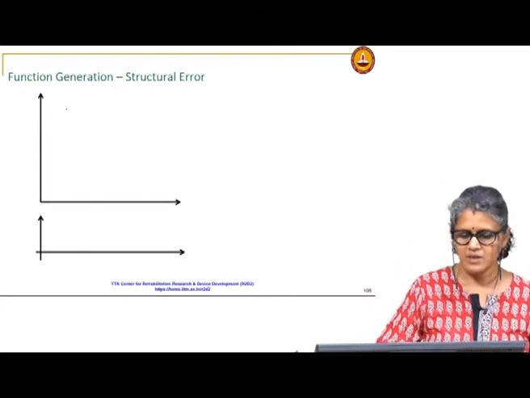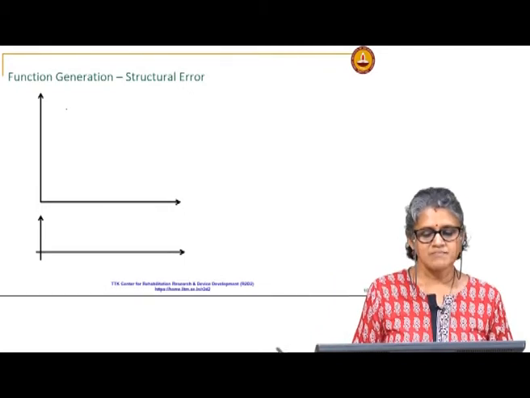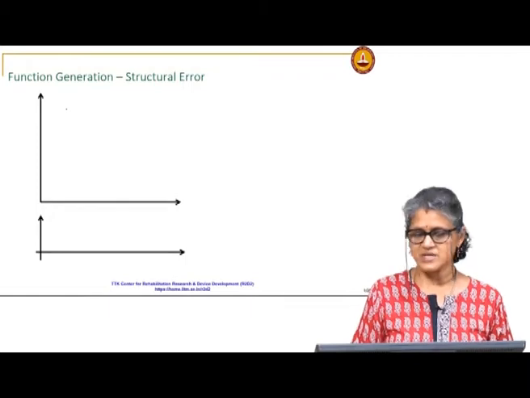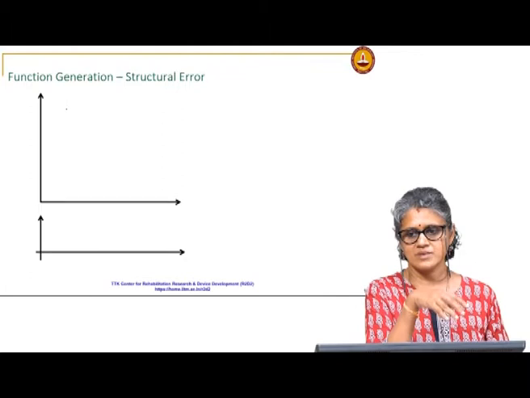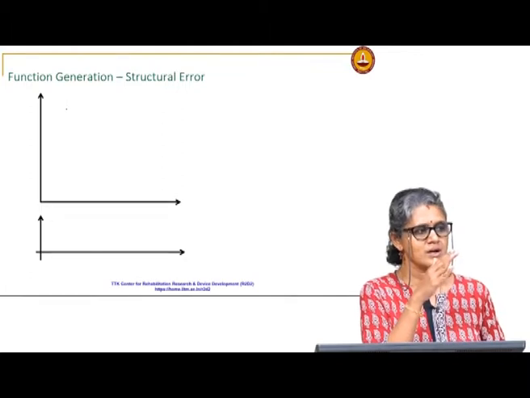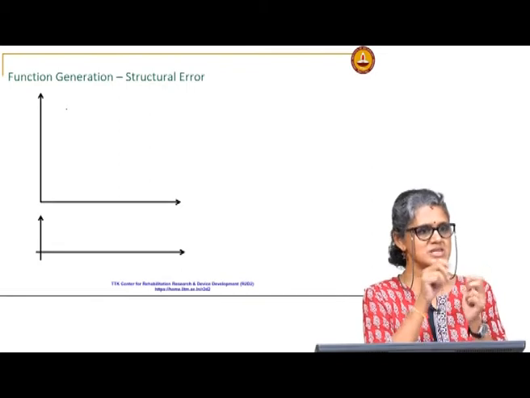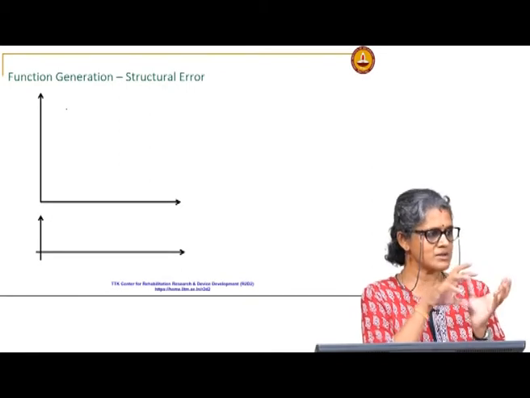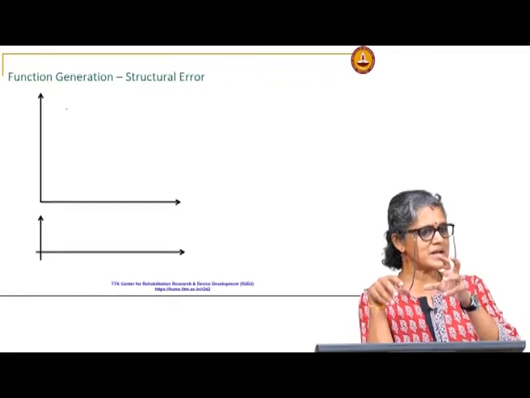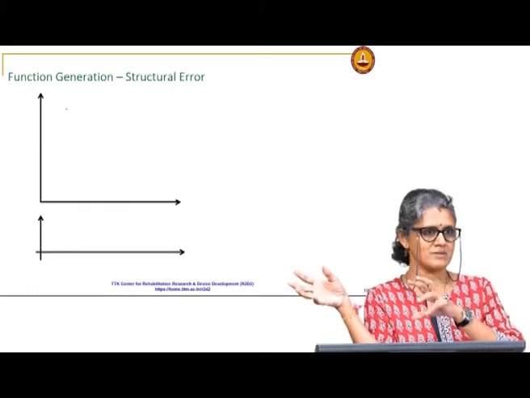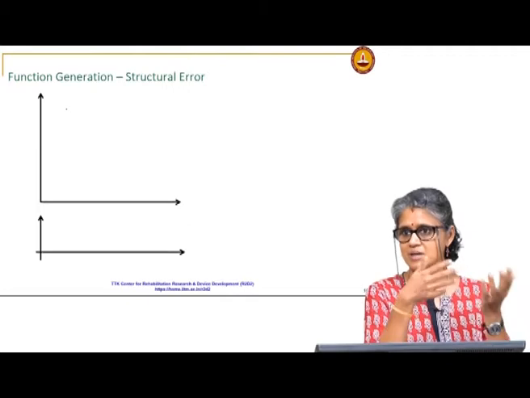So, one of the first things we will look at is function generation. Take the example of the valve opening. You may want the valve to open in a specific relationship with respect to the input. The input may be uniform, but depending on the application, when I am at the later end of the scale, I may want the valve to open in a certain way, and at the earlier end of the scale I may want it differently.